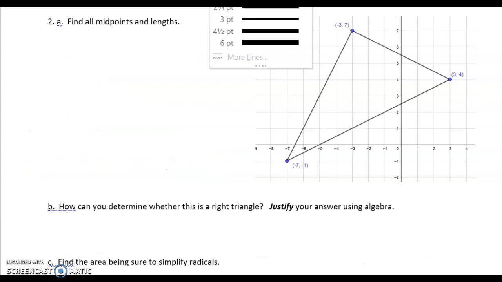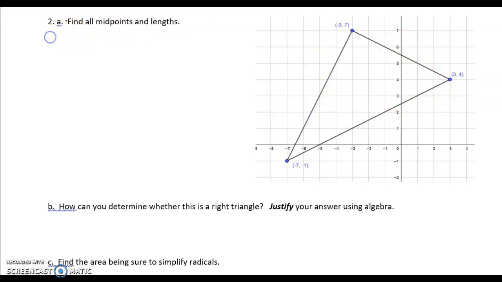So here we have an interesting question. We've got this triangle, and look on the key to see the correct solution to that. And they say, how can you determine whether this is a right triangle? Well, let's see. A right triangle would mean two of the sides are perpendicular.